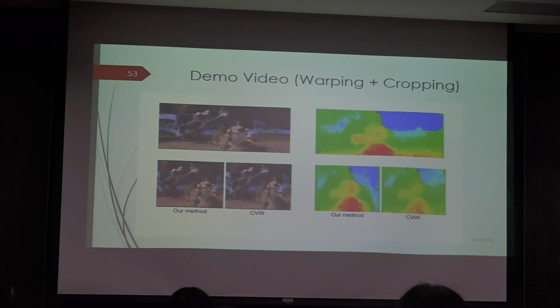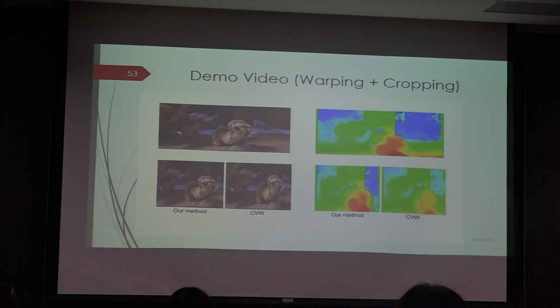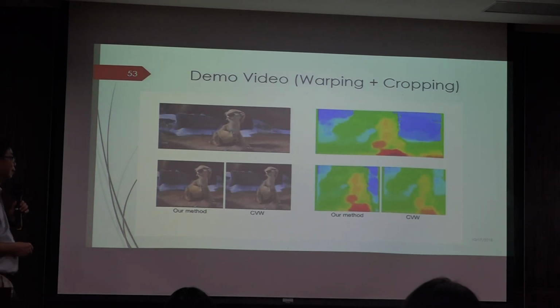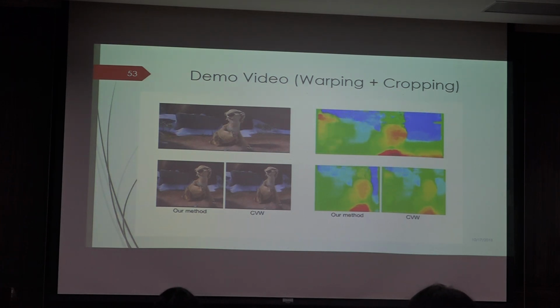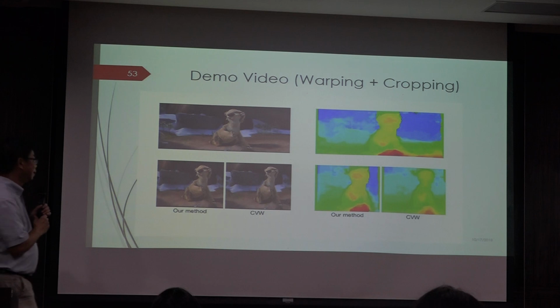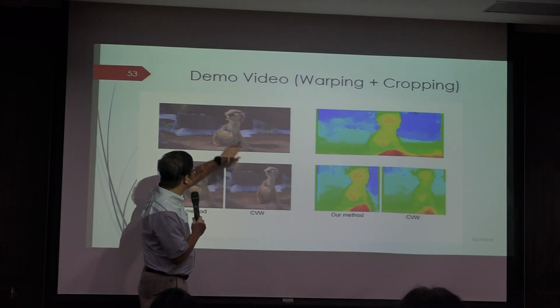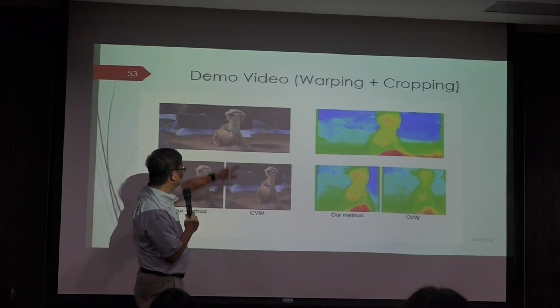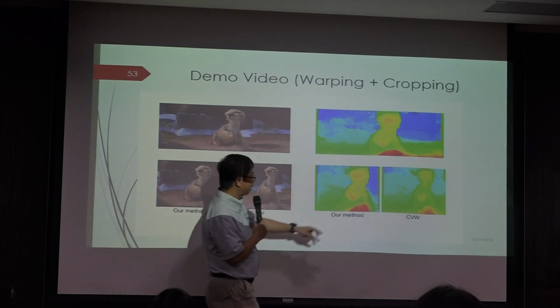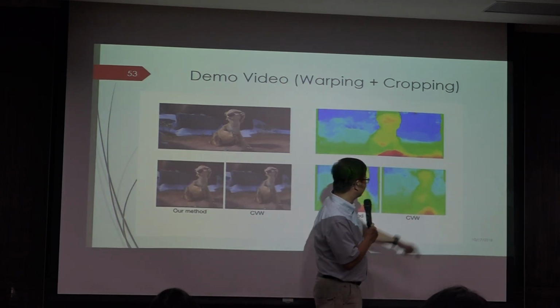This is another test video, again for warping plus cropping. The object shape here is quite different from the original aspect ratio, and the color here is significantly distorted.